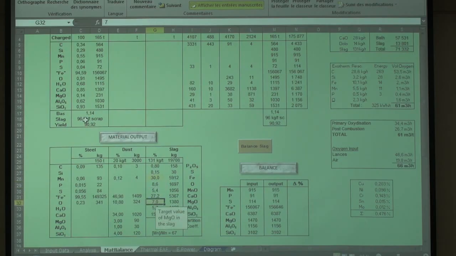And then I have the total composition of the slag. Is it better? In detail you will have access to the formula and you can make your own cross-check. And of course, this is the total amount of oxides and I deduct the dust.